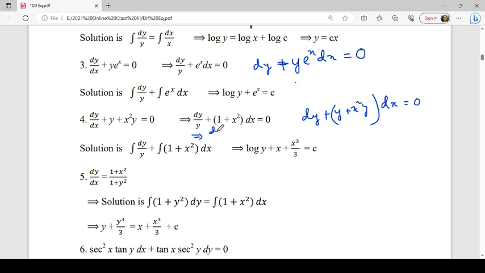This is dy by y equals minus 1 plus x square dx. Means what? We are integrating, and that is why when this is a plus sign, we can write it as this.